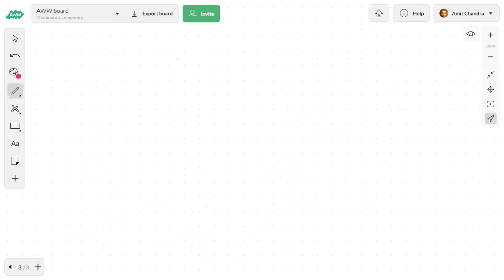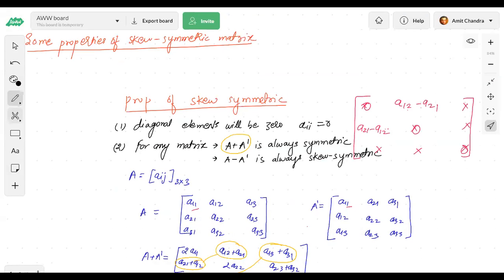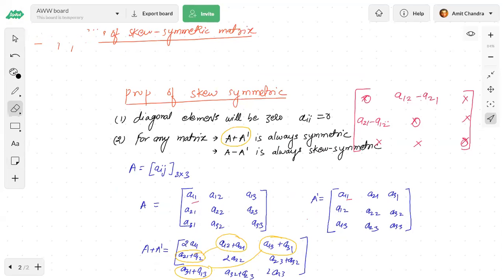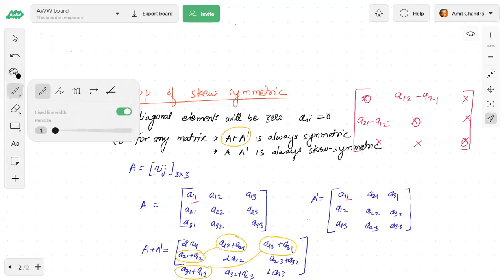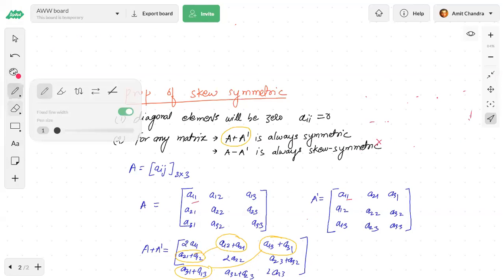Next is the third property. Okay, I will write the skew symmetric and symmetric matrix once again.